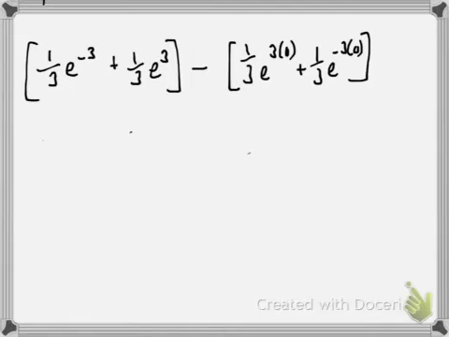Alright, so we've now got 1/3 e to the power of negative 3, plus 1/3 e to the power of 3. If I said negative 1/3 just then, I meant negative 3.